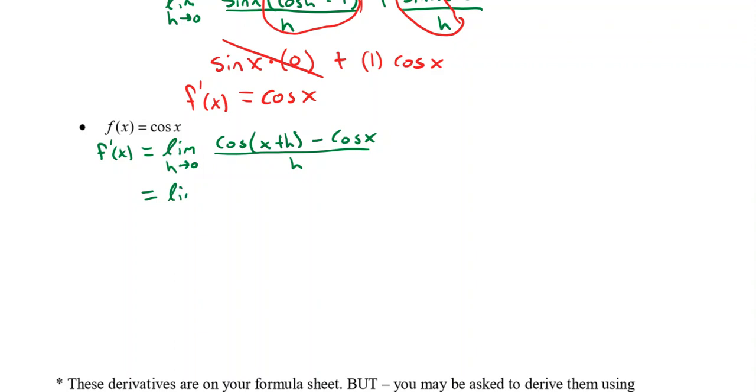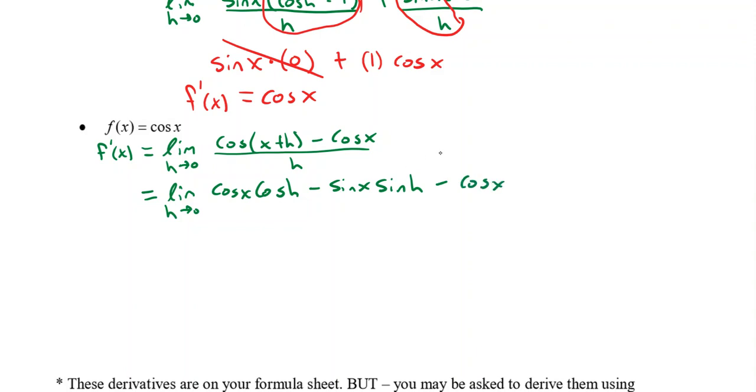So this would be the limit as h approaches 0. Now, again, I'm going to use my addition of angles identity. So this would be cos x times cos h minus sine x sine h minus cos x.